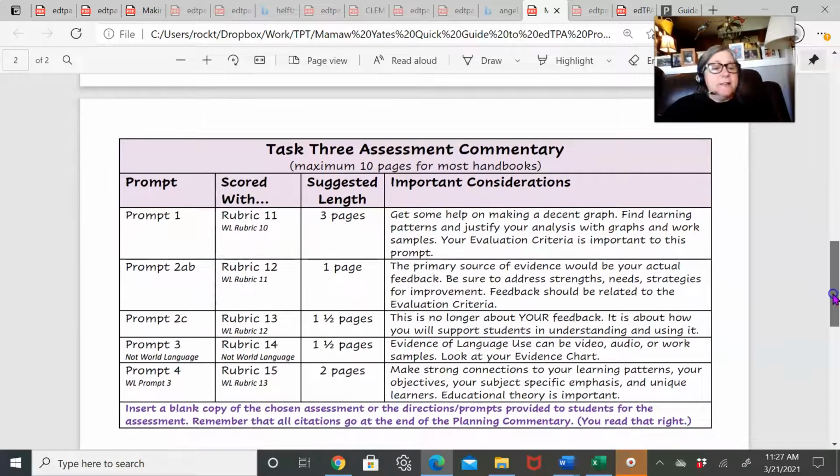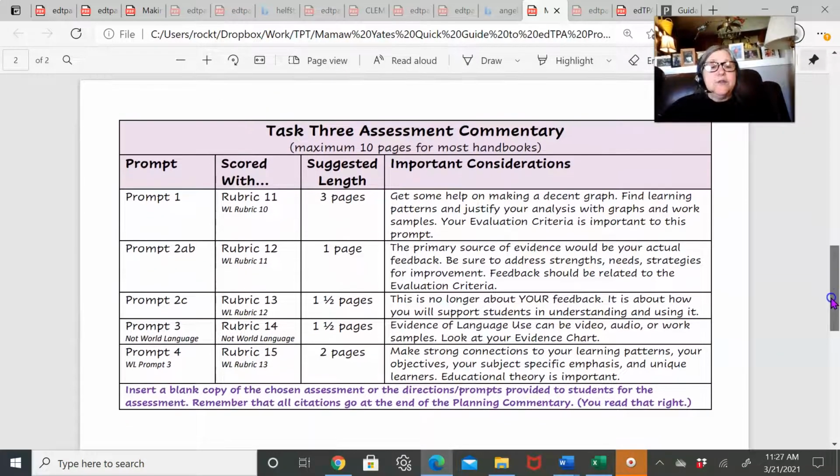Now we're talking about task 3. And in task 3, with prompt 1, it's rubric 11, unless, of course, you're world language. For those of you who aren't world language and classical language, they have 13 rubrics instead of 15 because they don't do academic language.